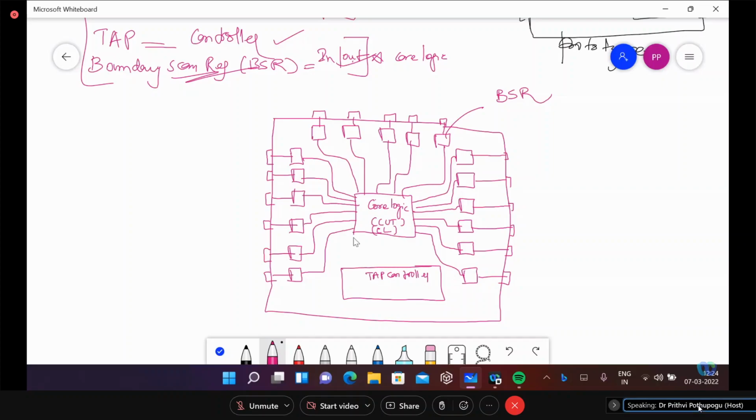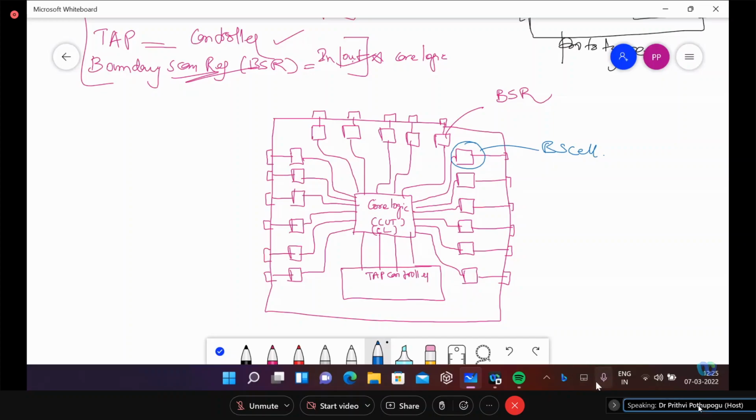So this core logic will be controlled by the TAP controller, and the boundary scan also will be controlled by the TAP controller. So the TAP controller will have control over the core logic and the boundary scan cell or boundary scan register. All the segments together are the boundary scan register. Each segment we call a boundary scan cell.